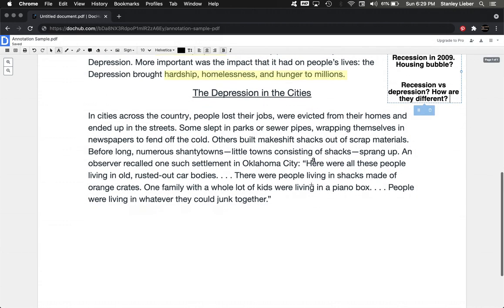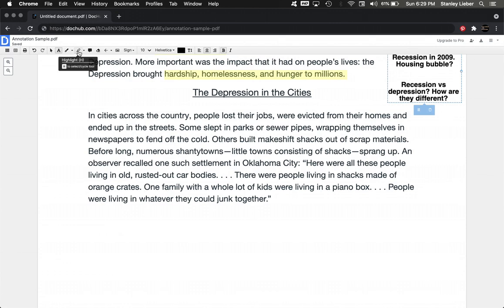If we keep reading here, let's see. Others built makeshift shacks out of scrap materials. Before long, numerous shanty towns, and if I remember back to the vocabulary that was important in the reading, I think shanty towns was one of my vocabulary words that were listed. So let's find out, what is a shanty town?